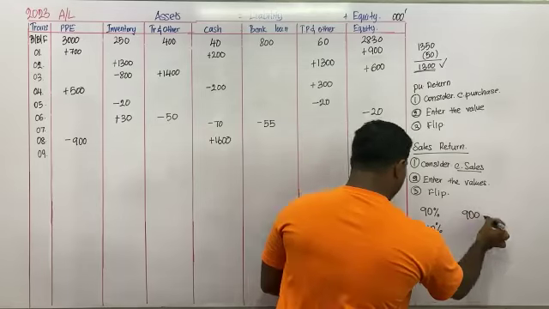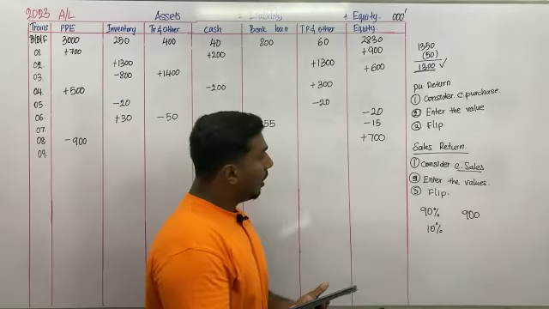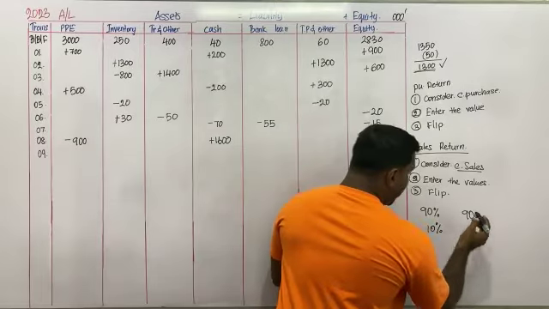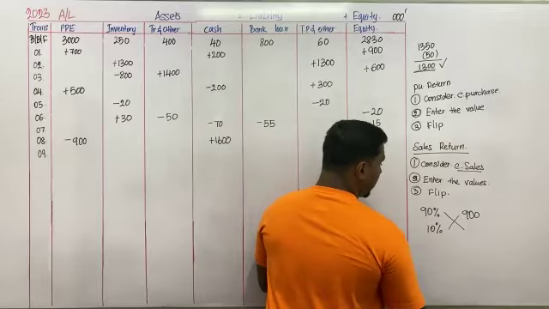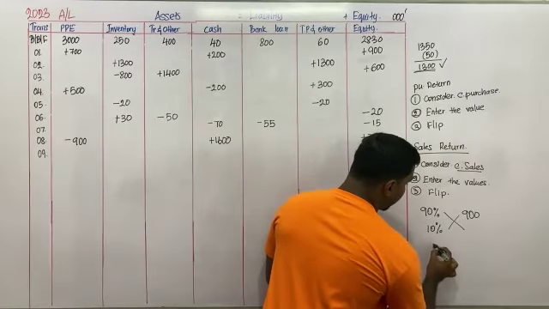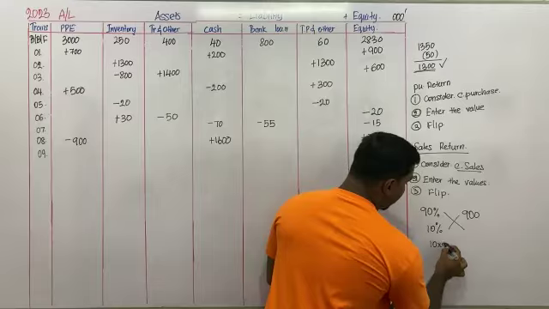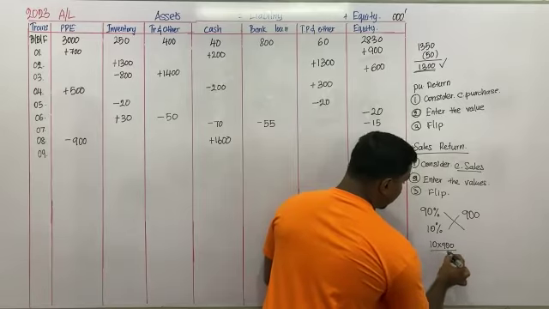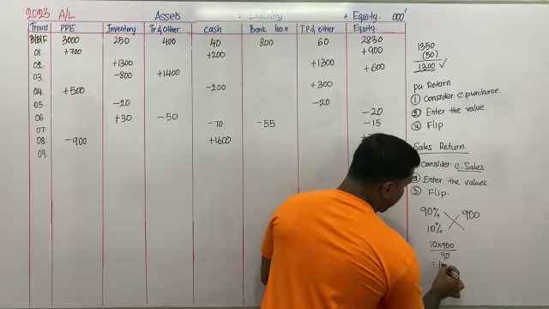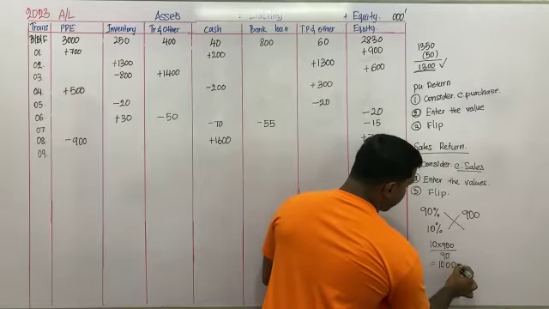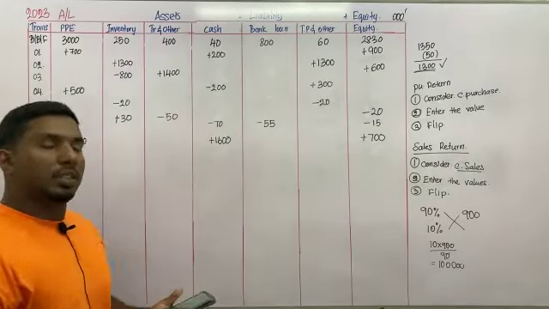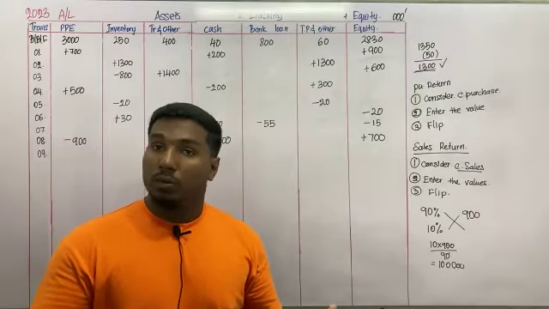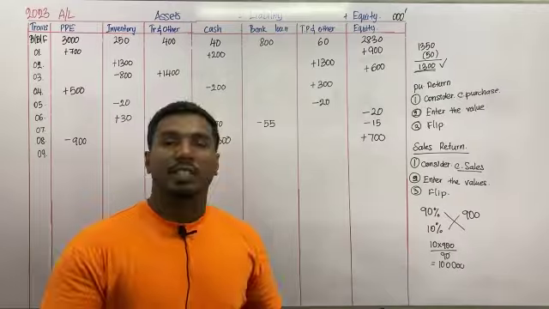After 10% discount allowed, we received 90%, which is 900,000, isn't it? So how much will be the 10%? Just have a cross multiplication, which means 100,000. So 100,000 is the discounts allowed. Very simple.